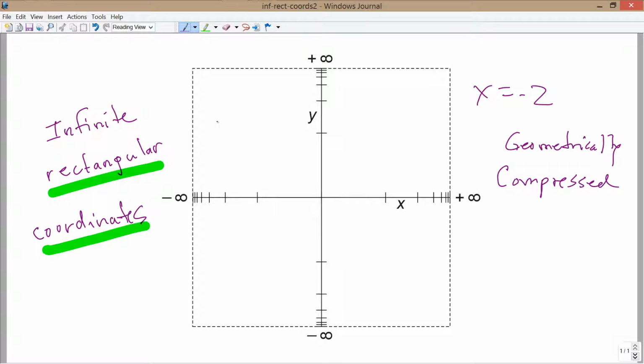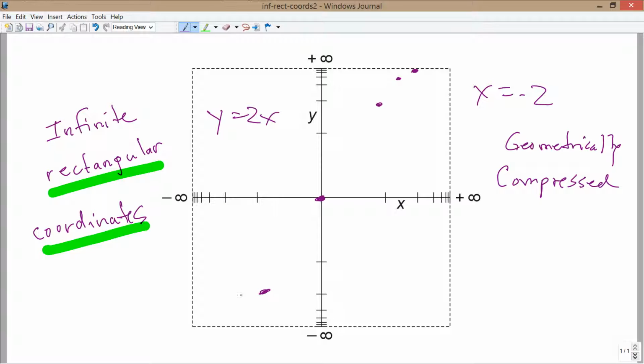Suppose that you want to graph y equals 2x. Well, you can plot a bunch of points. 0, 0. Okay, if x equals 1, y equals 2. So we're up here. If x equals 2, y equals 4. So we're up here. If x equals 3, y equals 6. In this rendition, we're almost to the dashed line. Same down here. If x equals -1, y equals -2.